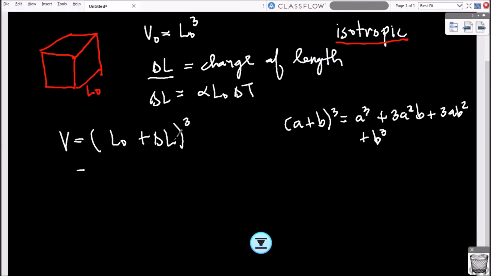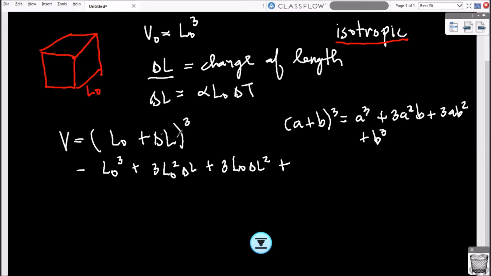So what will be L of O plus delta L cube? Since we have A cube here, then we have L of O cube plus 3A squared B. So 3A squared is 3 times L of O squared, and B here is delta L, so this is delta L, plus 3A, where A is L of O, times B squared, that's delta L squared, all right, plus B cube.